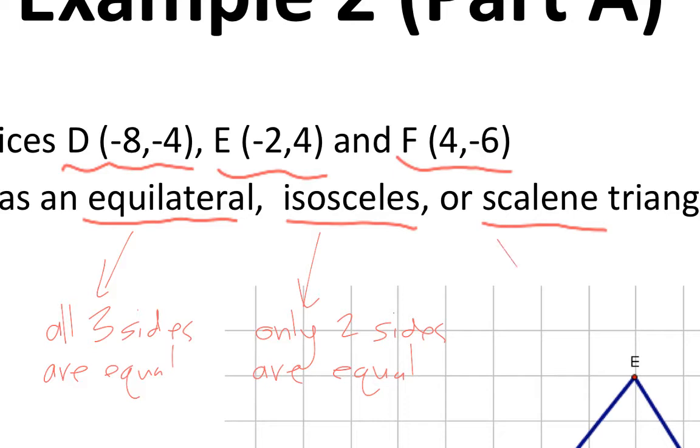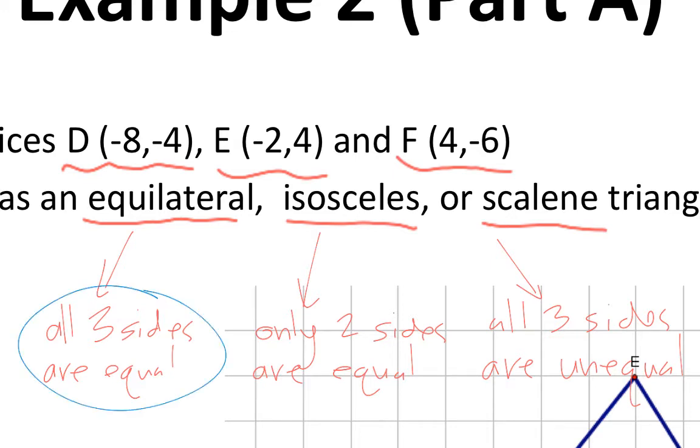And when you talk about a scalene triangle, all 3 sides are unequal, meaning they're all different. Therefore, our strategy is to figure out the length of each side of this triangle and see which situation it fits.